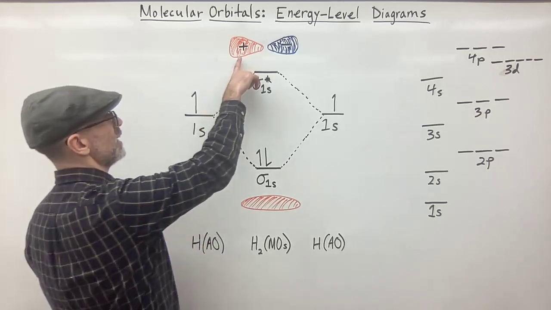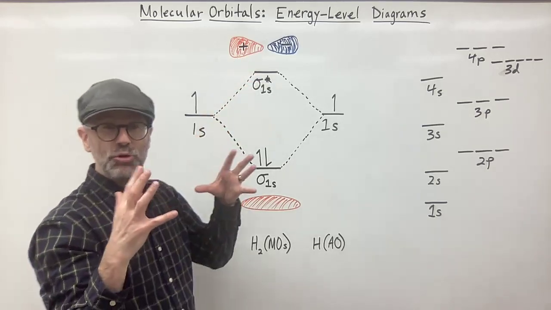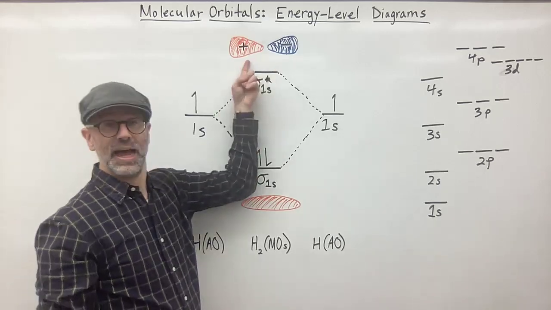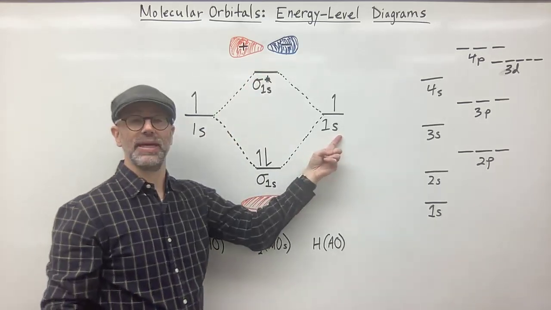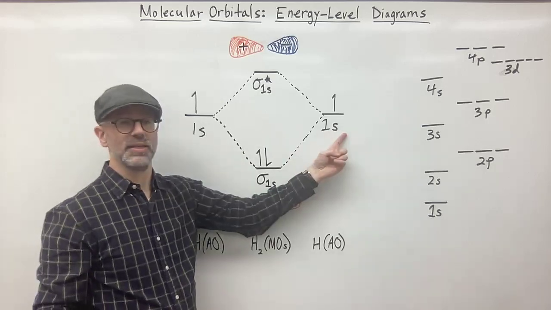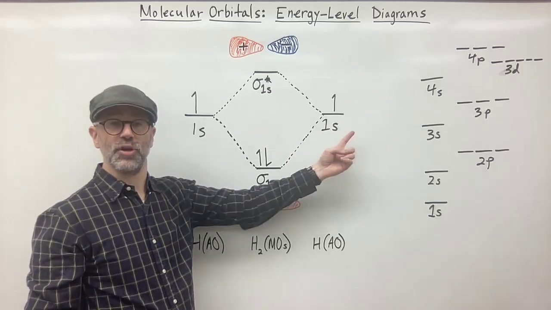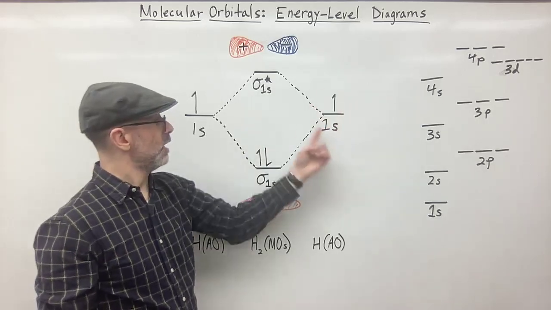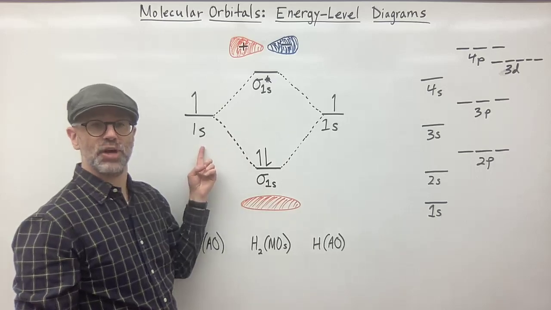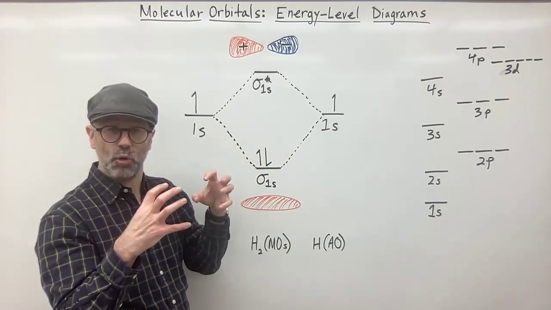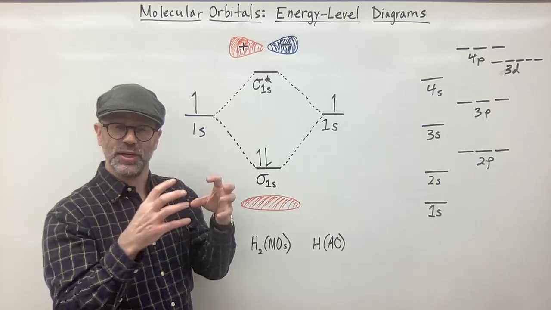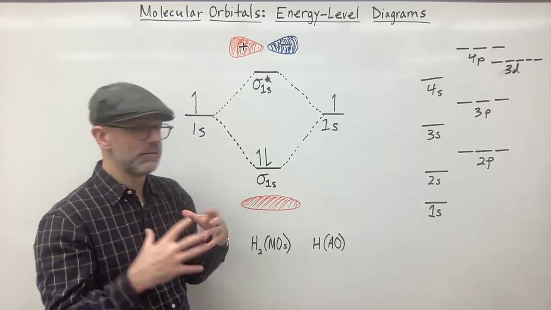Also, the electrons are farther from the nucleus in the anti-bonding orbital compared to what they would be in the parent atomic orbitals. So here, for the 1s, the electrons are actually closer to the nucleus, meaning then they're going to have lower energy, because the closer you get to the nucleus, the less energy you have.